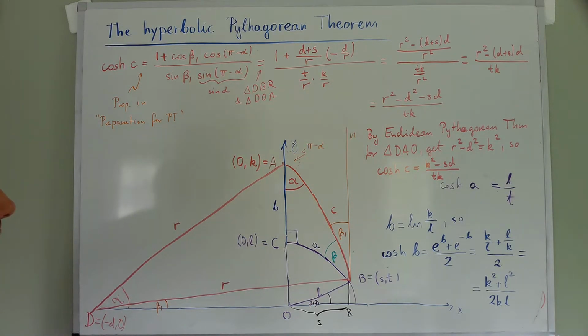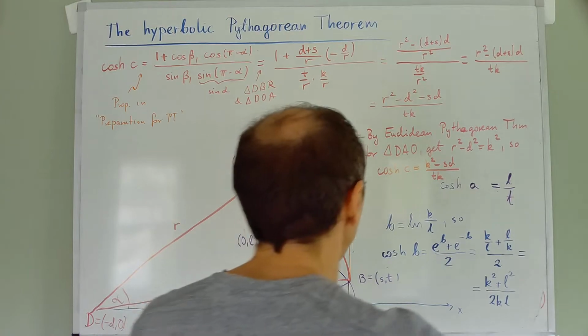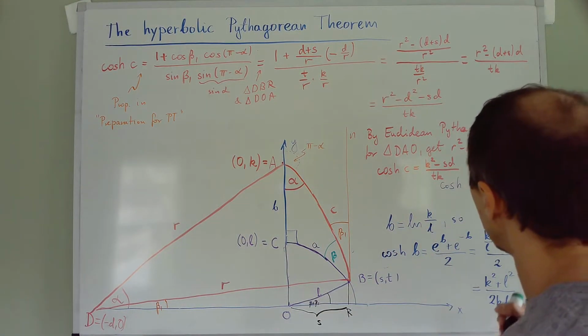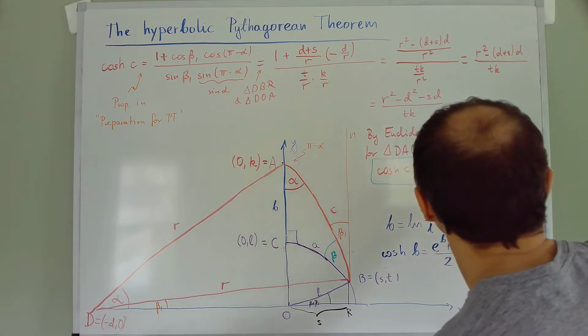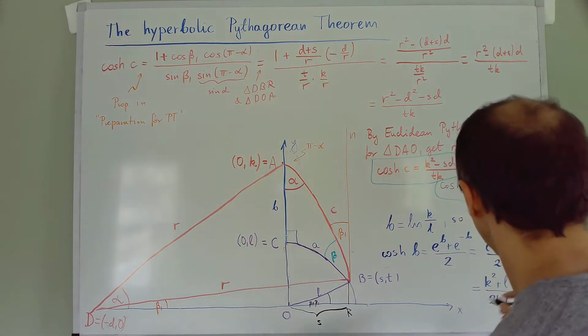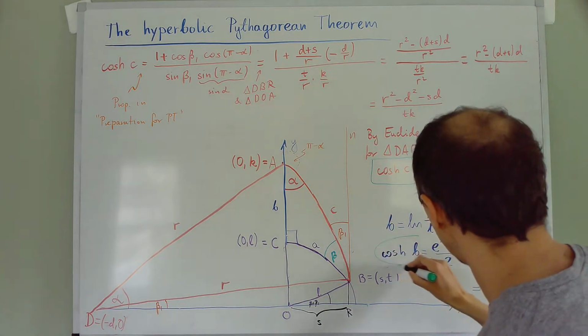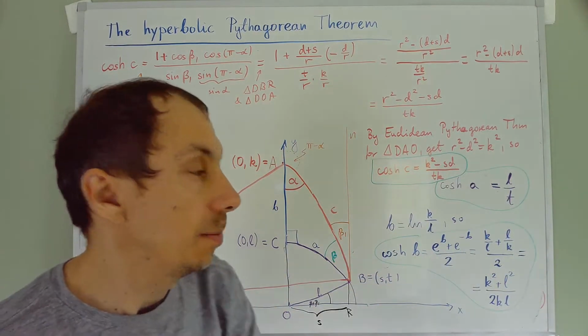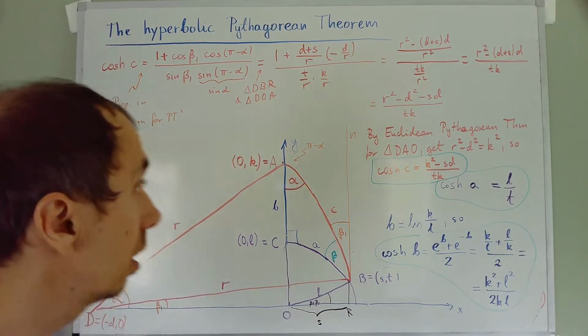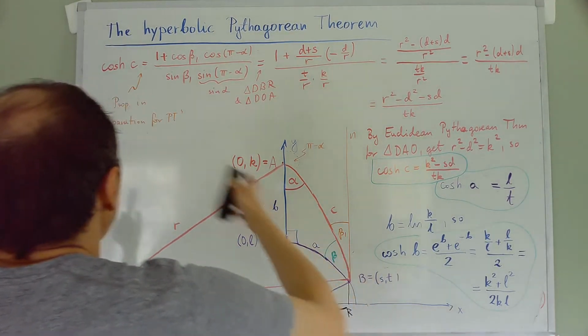Okay, so here are our three candidates to compare: cosh C, cosh A, and cosh B. And the claim is that if I multiply cosh A by cosh B, I get actually cosh C. Let's see that that's true.